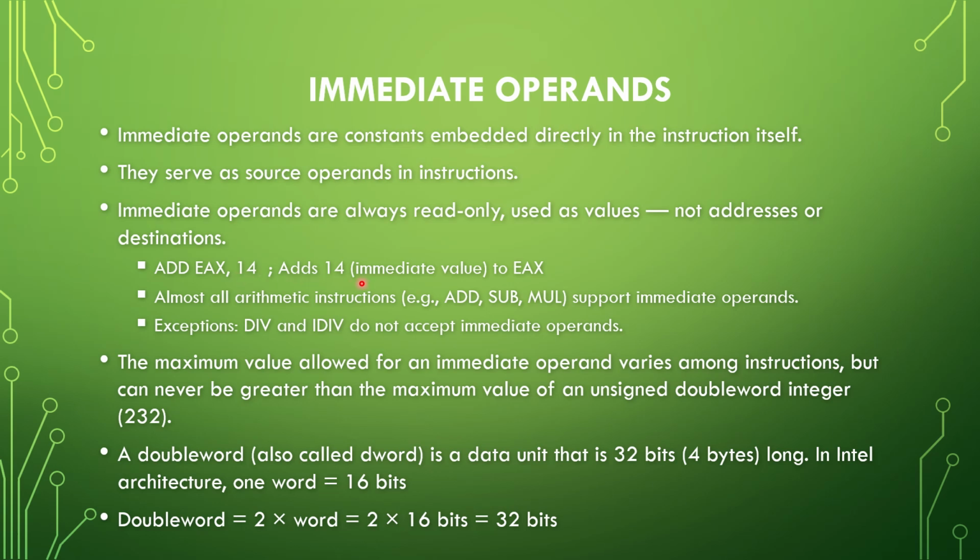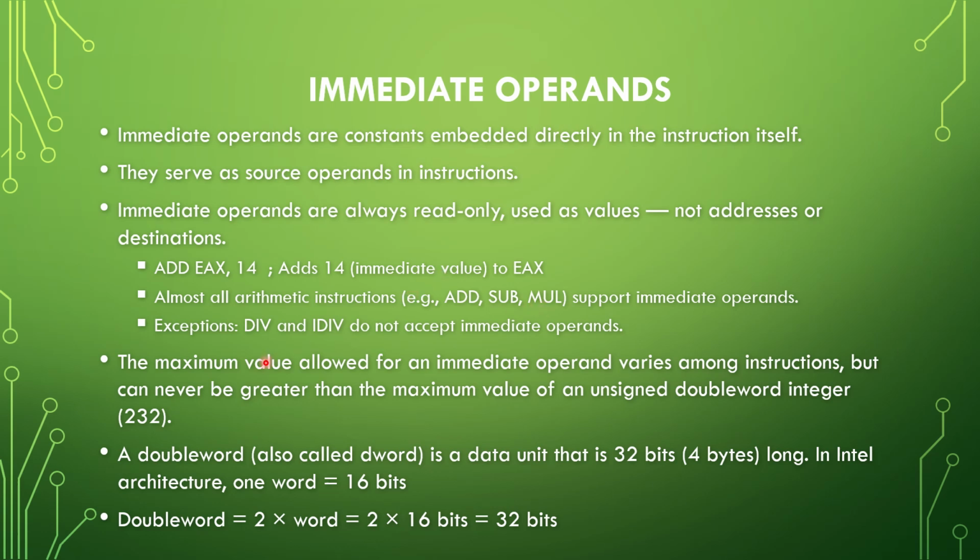It adds 14, which is the immediate value, to EAX. Almost all arithmetic instructions support immediate operands, and there is one exception: DIV and IDIV do not accept immediate operands. The rest of the operations like addition, subtraction, multiplication all support immediate operands.